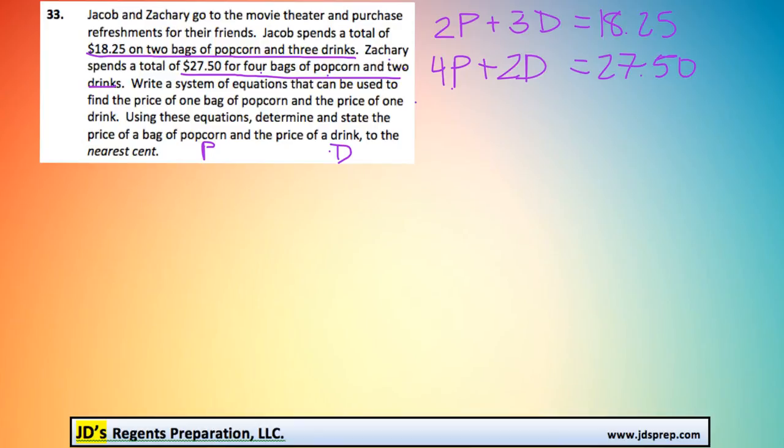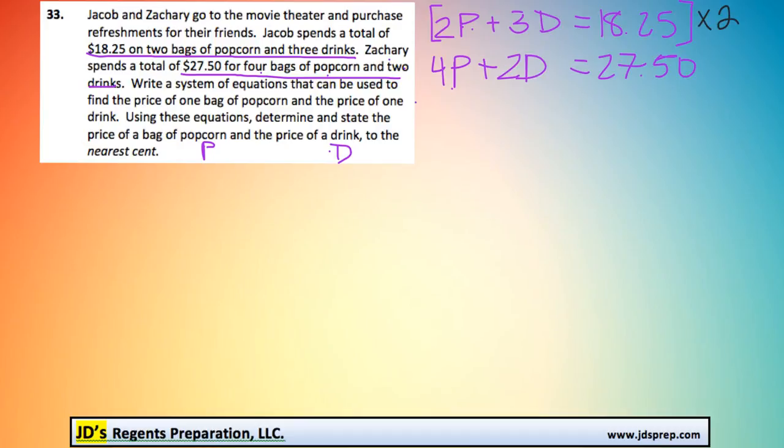I notice that rather than using substitution, we could use the process of elimination here. The 2P in the first equation we could multiply by 2 to make it 4P, and that way we could subtract one equation from the other. So we're going to multiply this entire equation by 2.